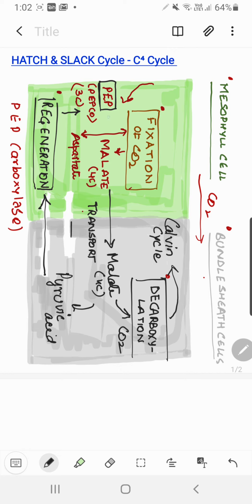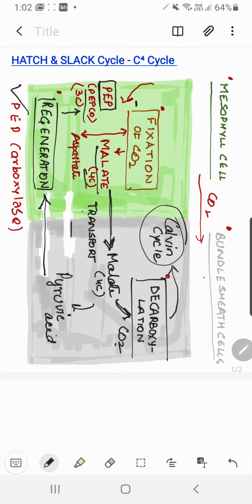It gets the atmospheric carbon dioxide fixed with the help of PEP carboxylase, and then malate is formed, which is a 4 carbon atom compound. Malate goes towards the bundle sheath side. This is known as transport, and then this malate unloads CO2, and this free CO2 is used in the Calvin cycle.